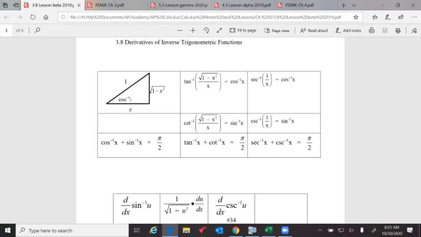So now we're just going to go here. I want the derivative with respect to x of the inverse cosine of u. But I know that I can rewrite the inverse cosine of u as pi over 2, take away the inverse sine of u, from this picture right here.